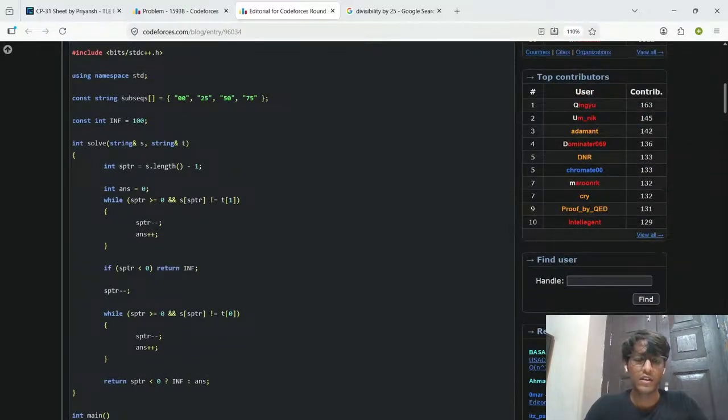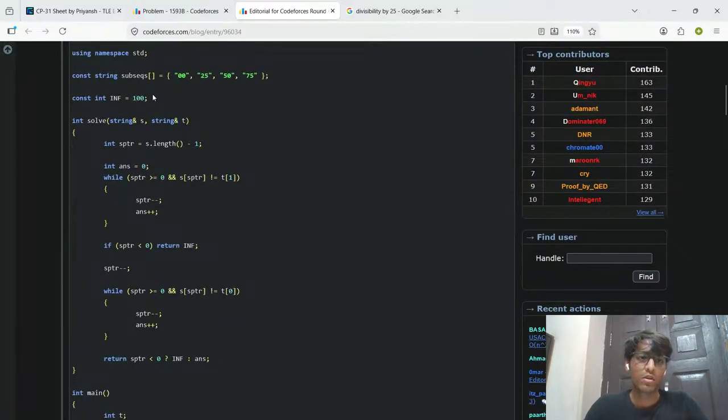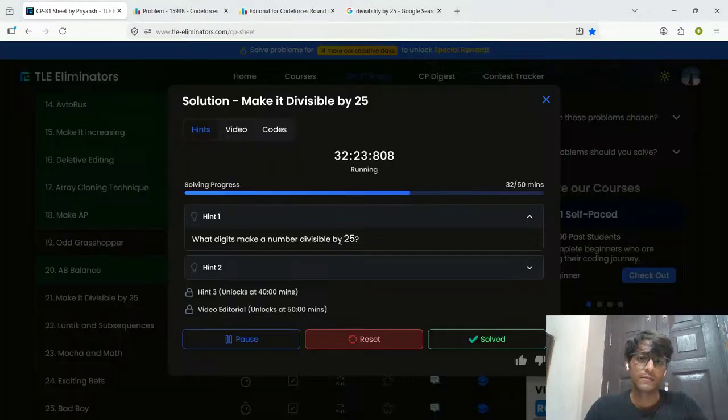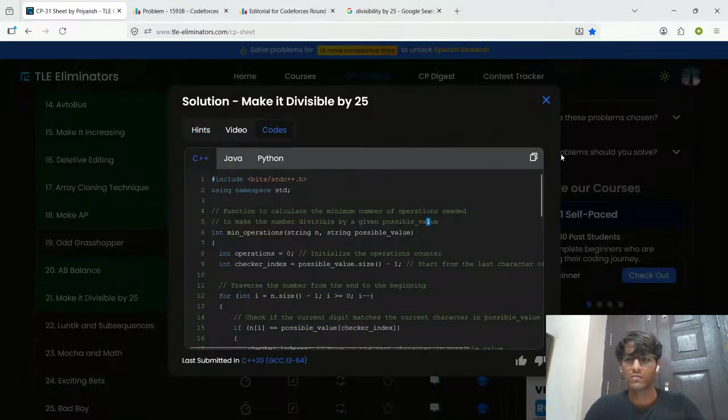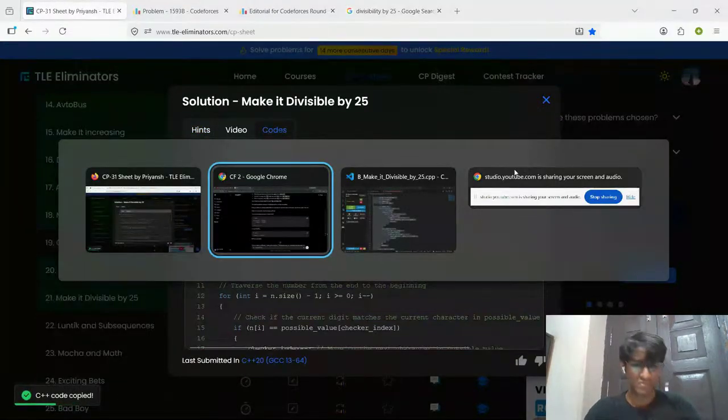Right, this is a very complicated solution, for the worst case. Let's see what he did.